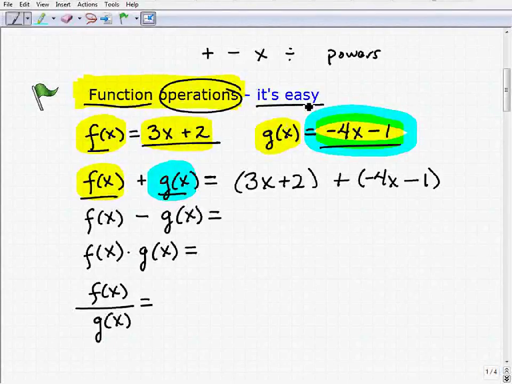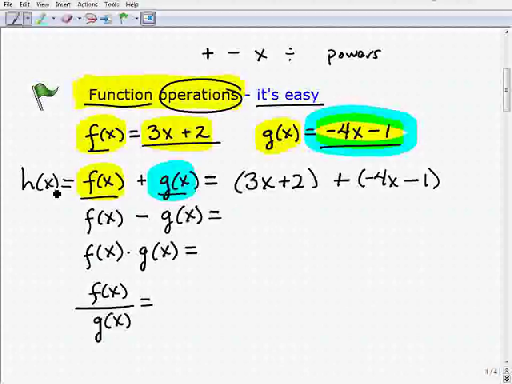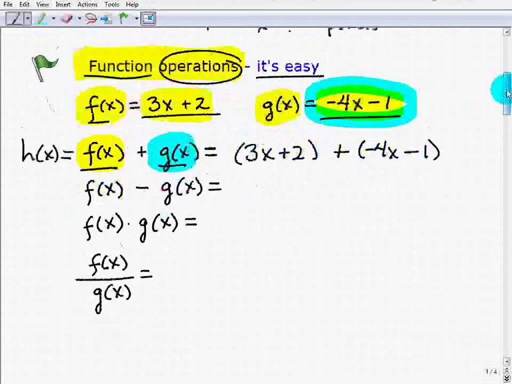One thing I do want to bring to your attention is oftentimes when we perform a function operation, whether we add two functions or subtract two functions or multiply or divide, we often call the result another function name. So in this case, for example, maybe I want to call the result of adding these two functions a new function called h of x. You might see that also in some problems. I just want to make sure you're aware of that.